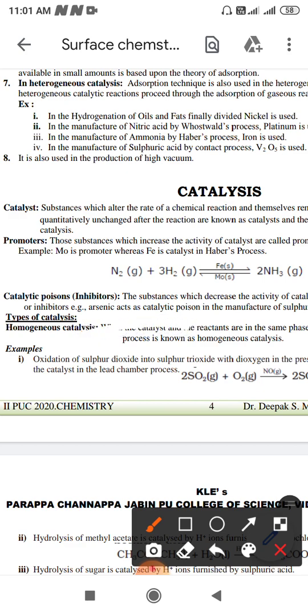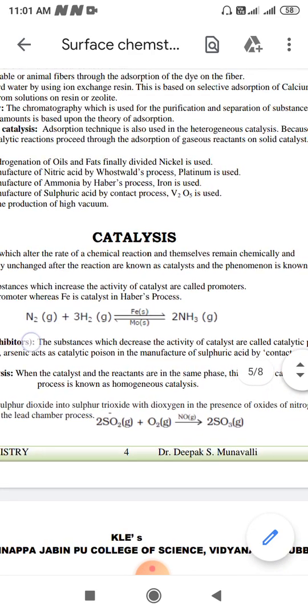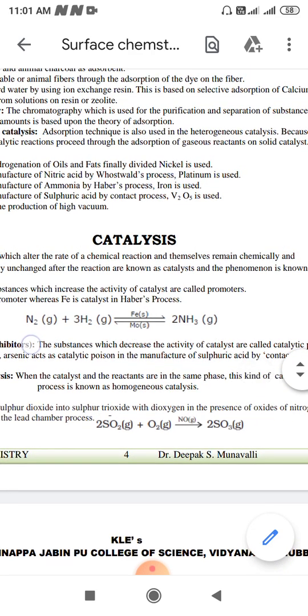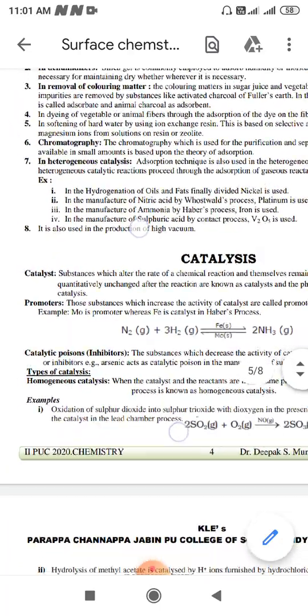The next part is the promoters, the catalytic promoters definition. I hope you have understood the catalyst definition, and the phenomenon is known as catalysis. Promoters are those substances which increase the activity of a catalyst.